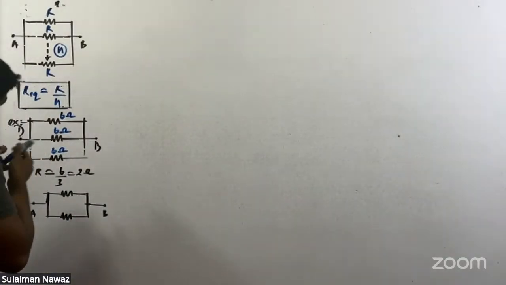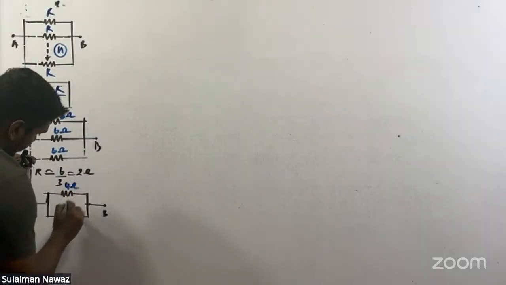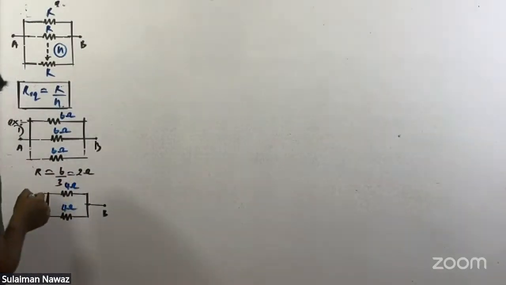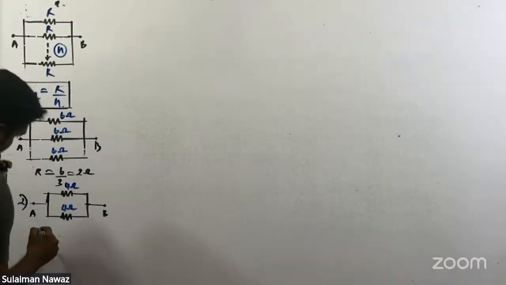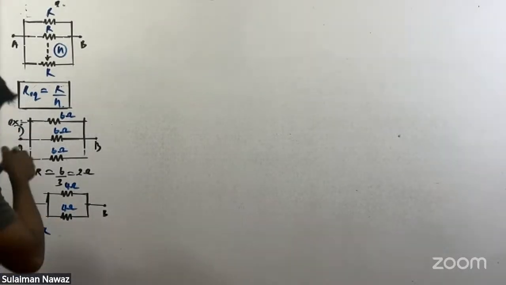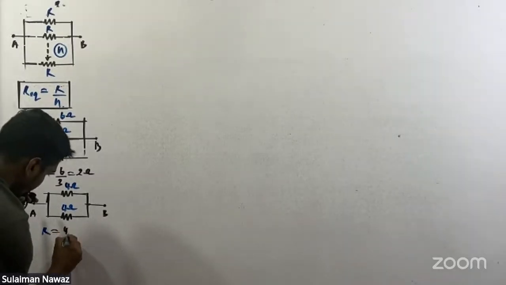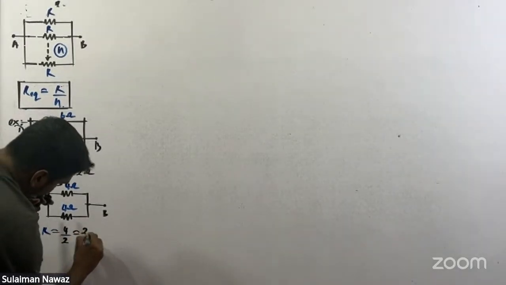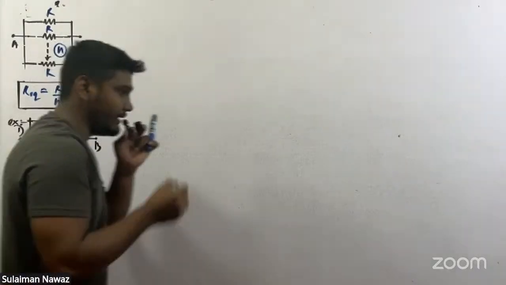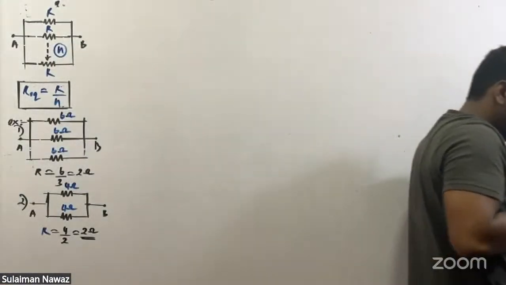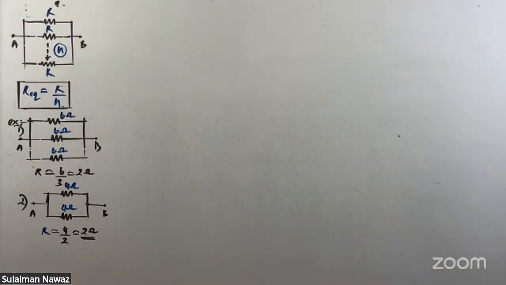The equivalent is 4 over 2, which means 2 ohms. That's the idea. You should remember all these points, then only you can simplify a circuit.